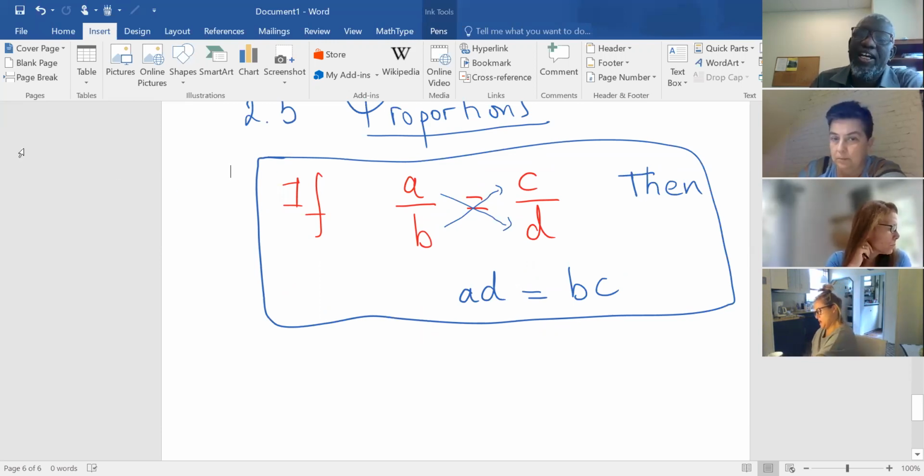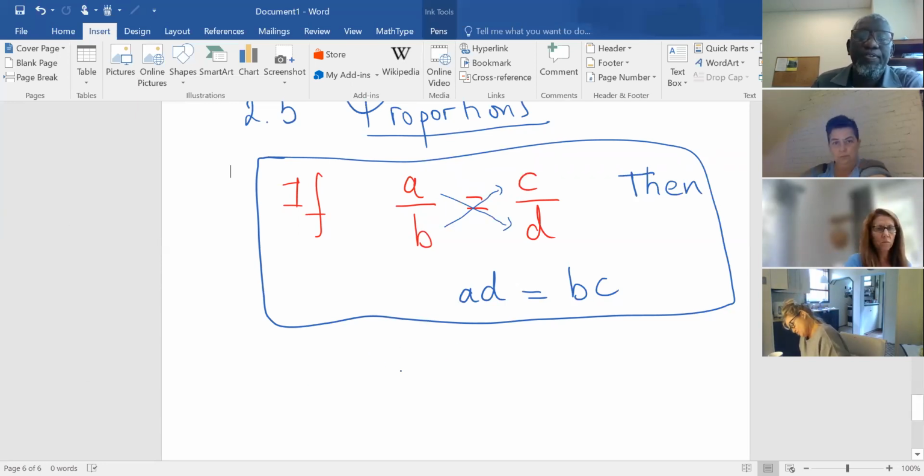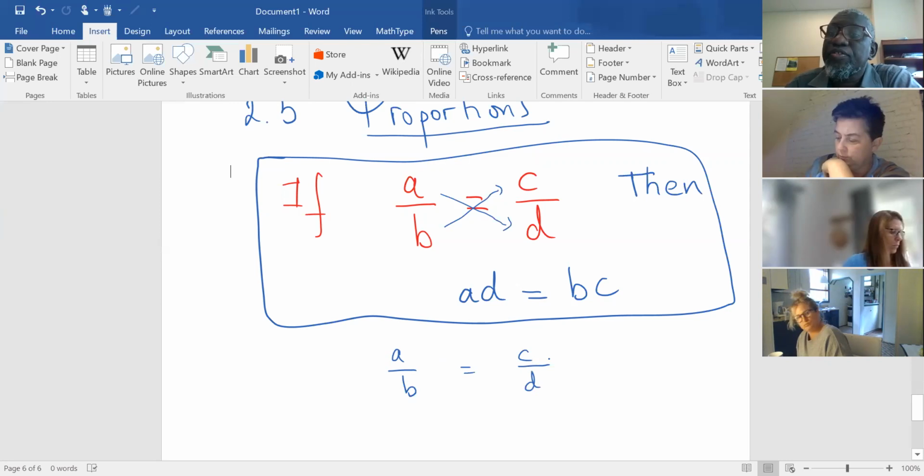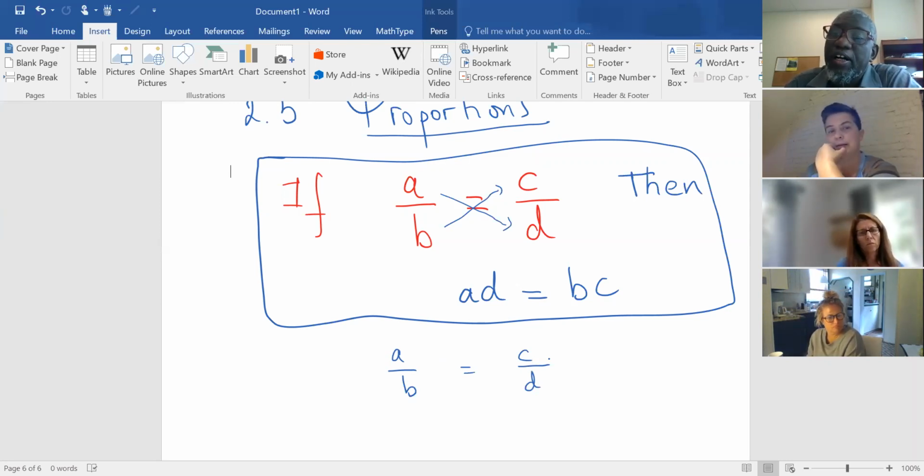What is the proof of that? Why? It's very simple, actually. Look, if you have a over b is equal to c over d, right? Okay, what is the LCD here? I have two denominators, b and d, right?